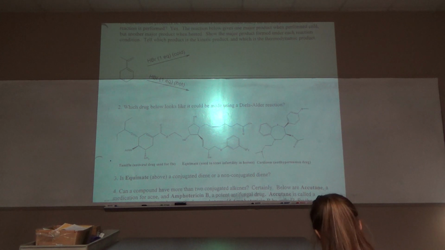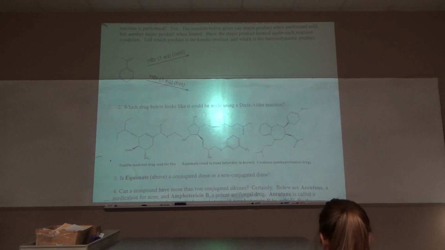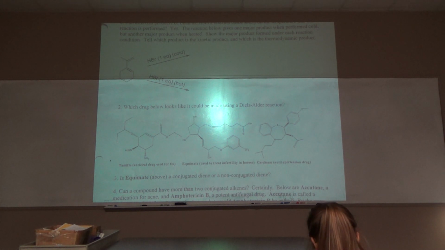Typically when reactions go by a chemist's name, it usually indicates it's a pretty darn important reaction. You'll see a number of these along the way, particularly in organic 2. So the Diels-Alder reaction, actually 2 chemists, a very important reaction, and I'm pretty sure it won a Nobel Prize at some point.